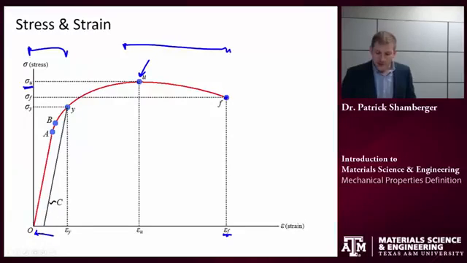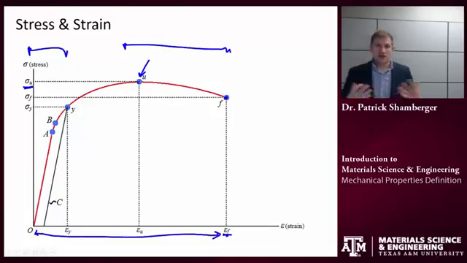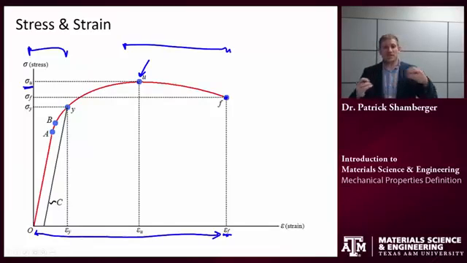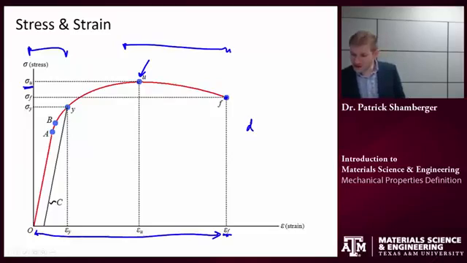One thing that we often talk about in materials is their ductility. How much can they deform before they break? And so one measure of ductility is the percent elongation at failure.